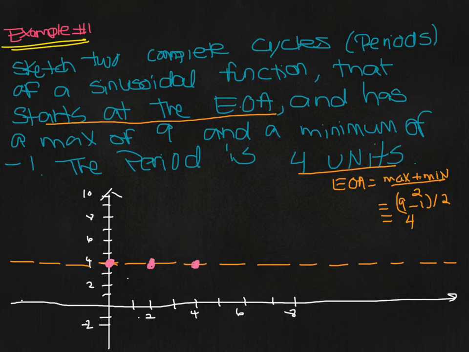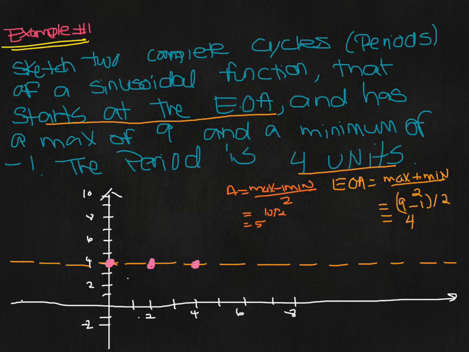And then in the first half, I'm going to have a maximum. But my amplitude, I don't know what my amplitude is. So I'm going to use a formula from the other page and calculate my amplitude. So amplitude is equal to max minus min divided by 2. So in this case, my max is 9, minus -1 is 10 divided by 2, which equals 5.